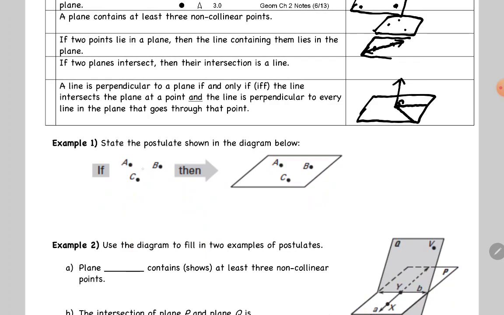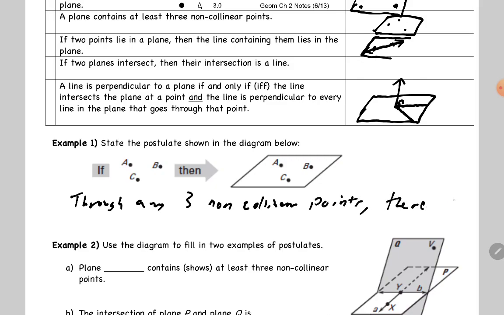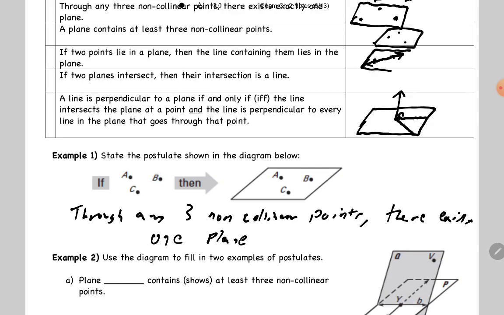So we have 3 points not on the same line. So through any 3 non-collinear points, there exists 1 plane. So this is basically a matching question.